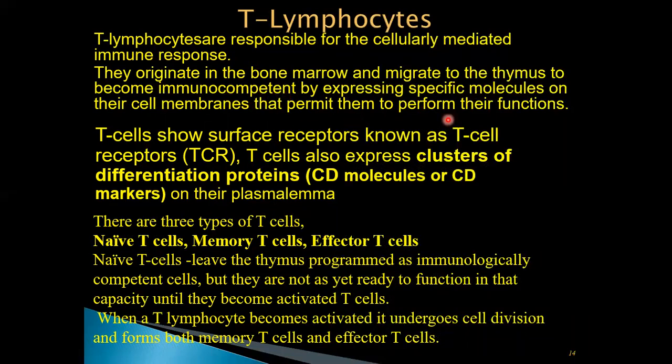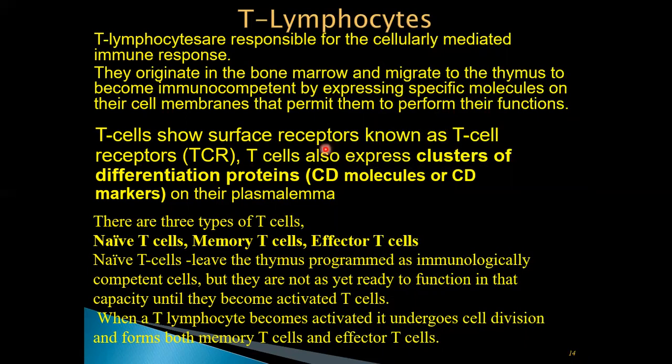And what is that immunocompetency? That they express some specific molecules in their cell membrane. Now, T cell surface receptors. Just like on the B cell, what we learned in the previous slide, that on the surface they have immunoglobulin M and immunoglobulin D as a surface marker, a receptor site to identify a pathogen, to identify an antigen.